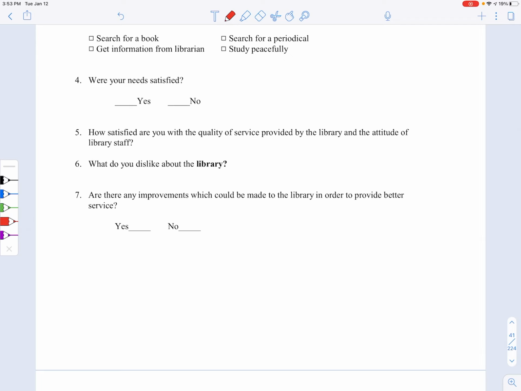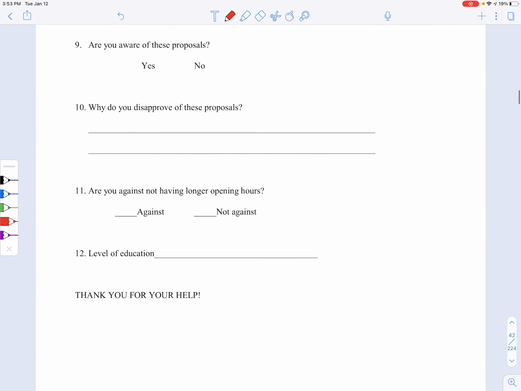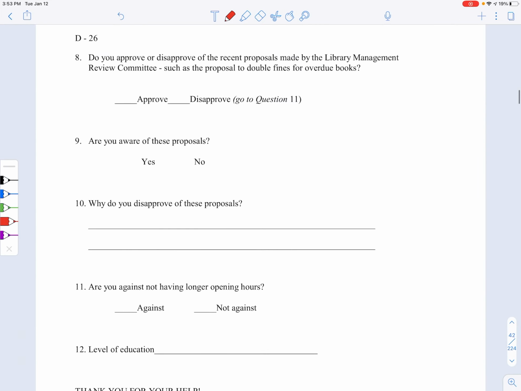Number 9 is leading questions. They lead the respondent to a particular answer. An example of that would be page 26, number 8. Do you approve or disapprove of the recent proposals made by the Library Management Review Committee, such as the proposal to double fines for overdue books? Now, the problem with that is that you're using a very negative example here.